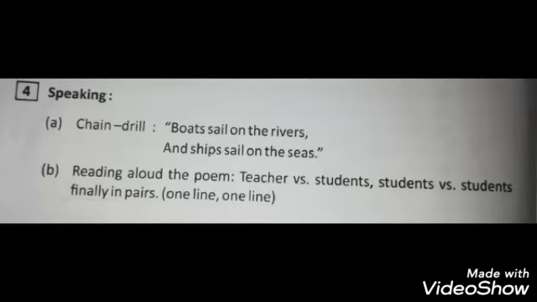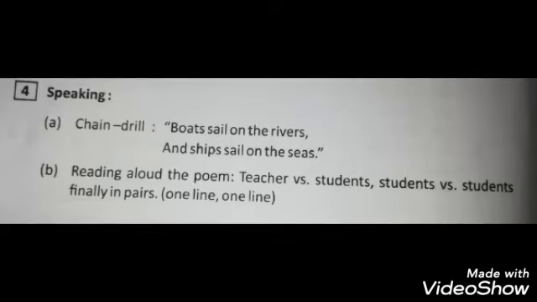First student will speak these 2 lines, then the next one will speak the same lines, then the third one will speak the same lines, and in this way all the students will say the same lines. Boats sail on the rivers and the ships sail on the seas. And from that we can learn those 2 lines easily. In this way you can also do other lines.